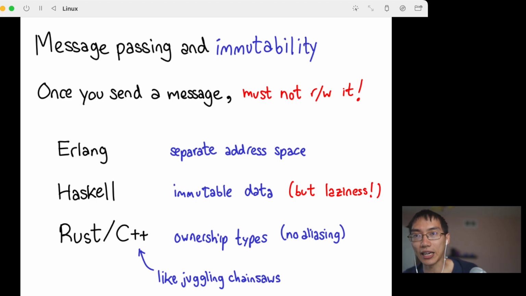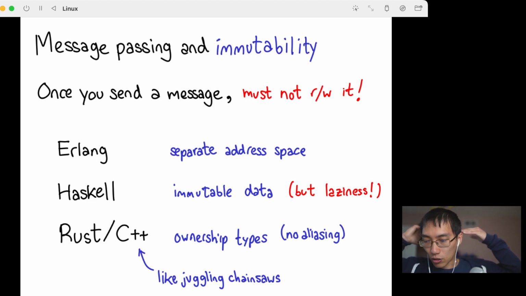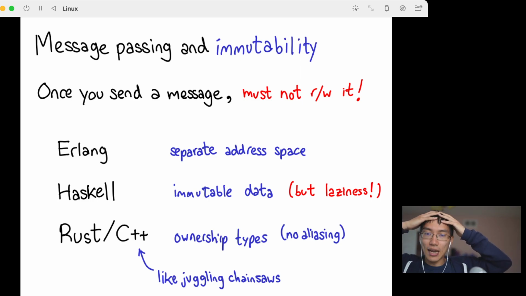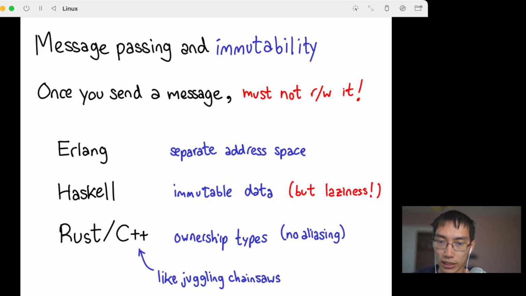In this way, I can avoid having to make all my data structures immutable, and I can avoid having to separate them into an address space. I basically am saying, all I need to do is make sure that I don't use stuff after I've given ownership of it. And if you're in Rust, you've got a type system that you can actually use to make sure you don't do anything naughty.